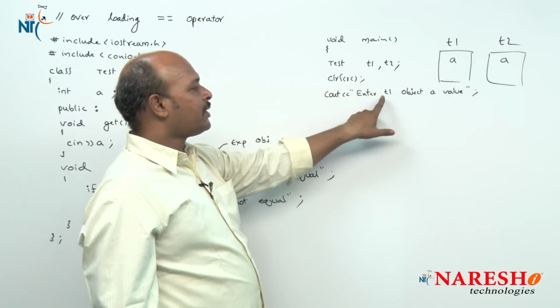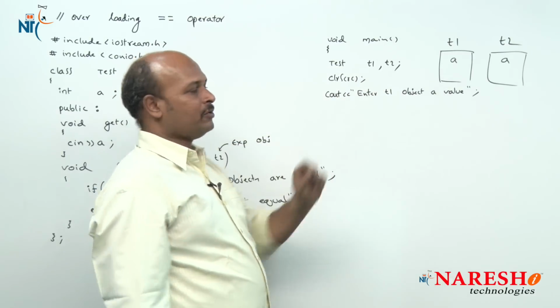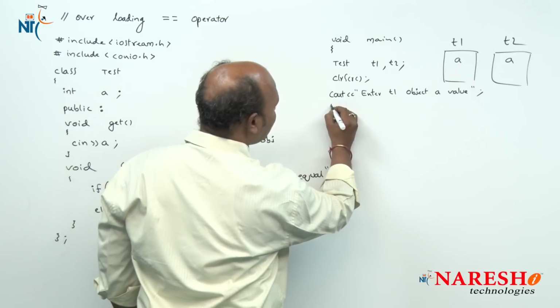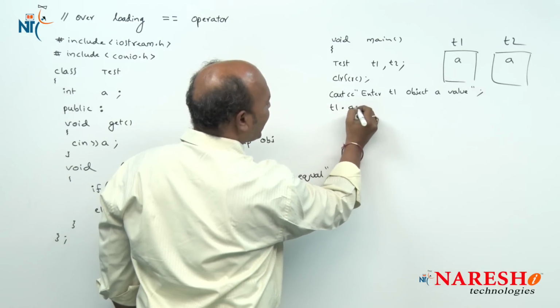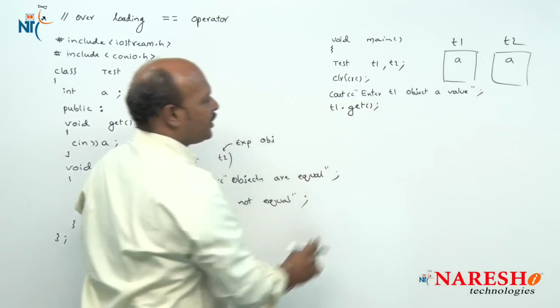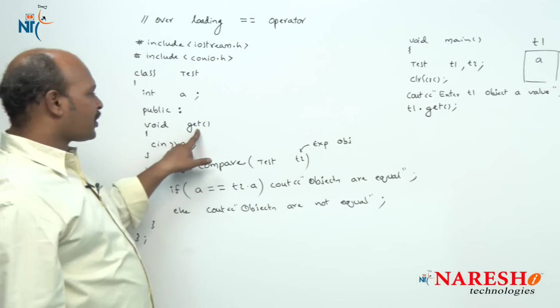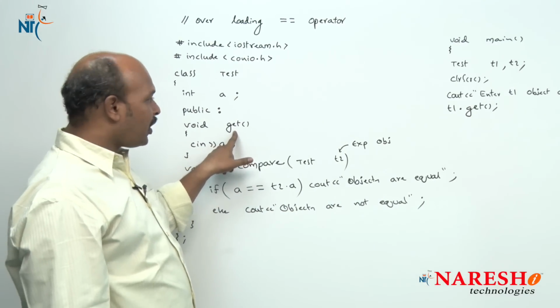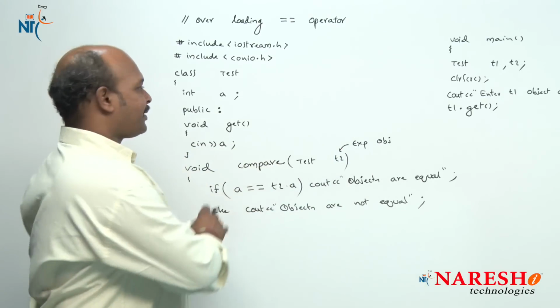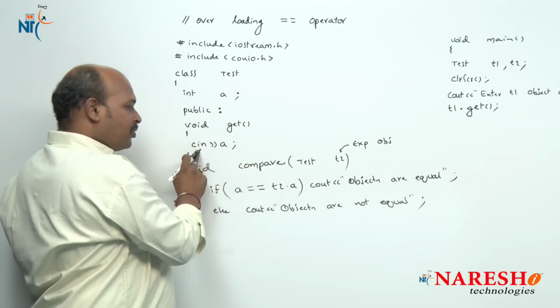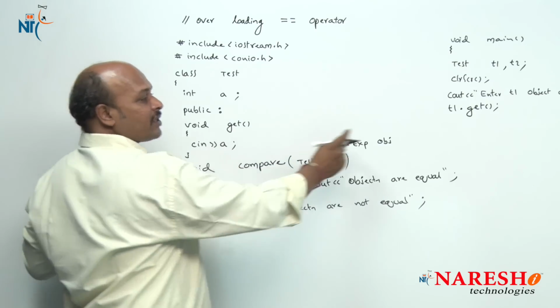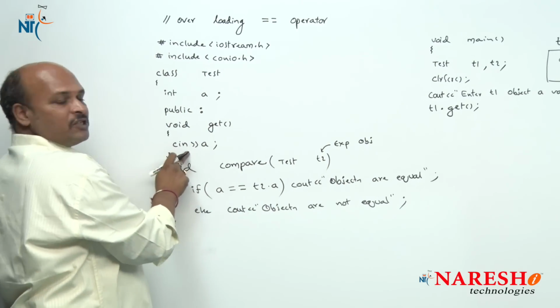That is why enter T1 object A value. Now I am going to use T1 dot get. Actually here it is T1 dot get. Now we are calling T1 dot get, that means we are calling get. Now T1 dot A is going to receive the value because cin is used.